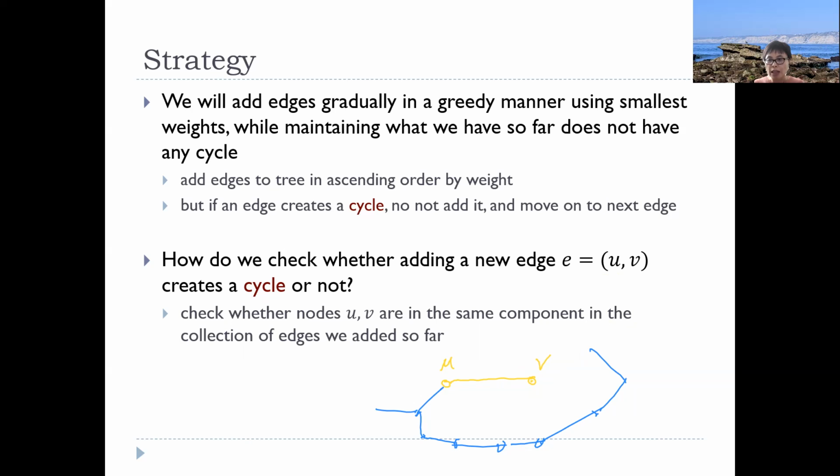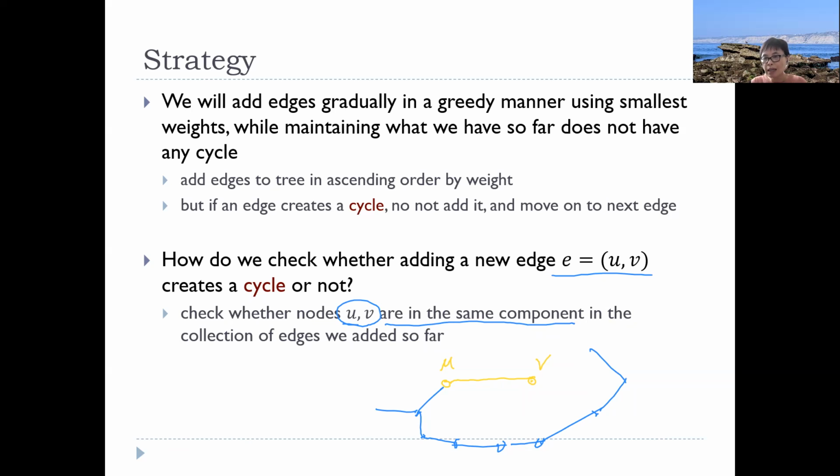So in other words, to know whether a new edge UV adds a cycle or not, what we want to check is: are the nodes U and V already in the same connected component among the blue edges or not? You look at the collection of edges that we've already found so far, the blue edges.